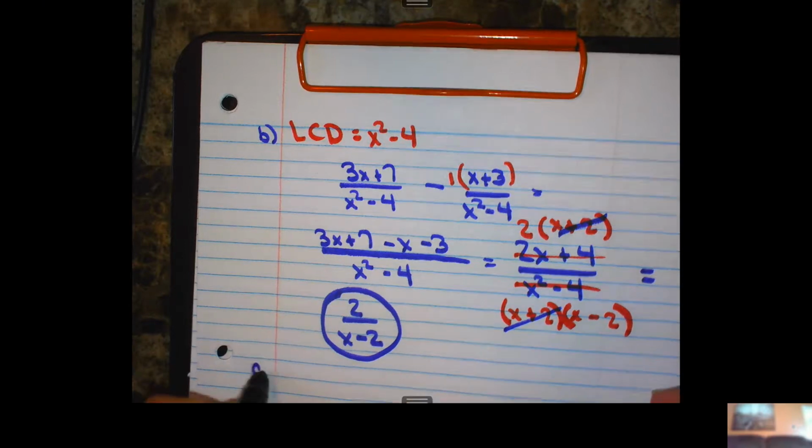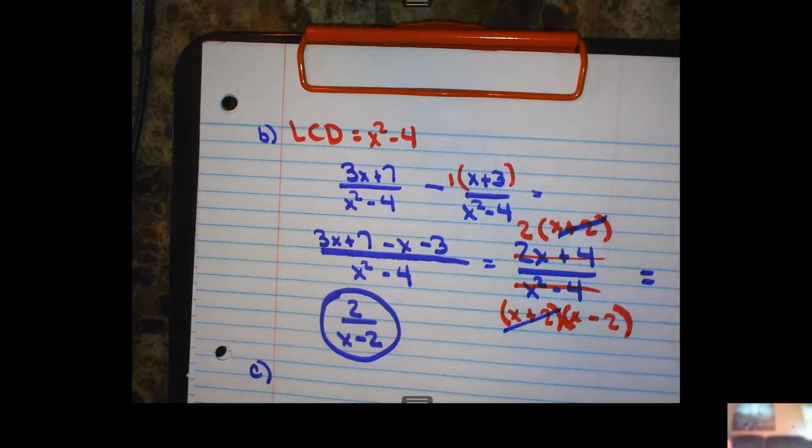All right, here's another example. C, we're going to do a total of 4.